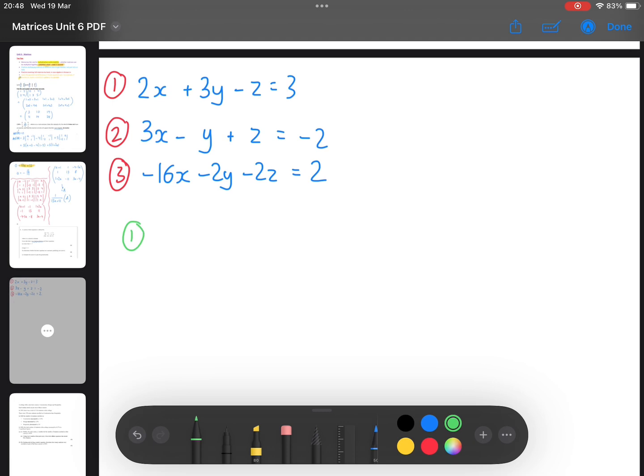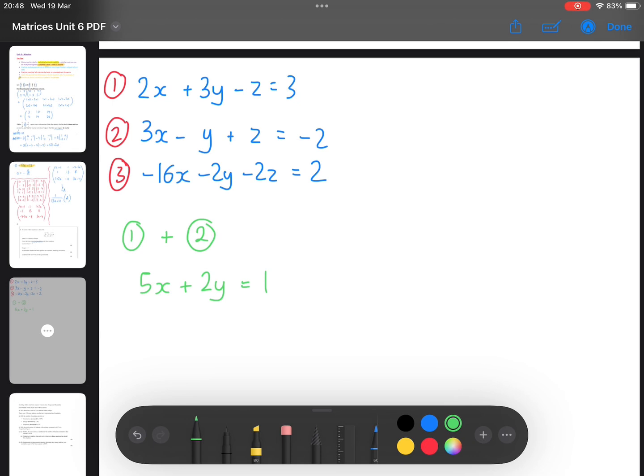So to eliminate z from the first 2 equations, I will add the 2 together. And if you do that, I guess I'll save time by just writing out what you get. 5x plus 2y equals 1. Then I want to eliminate z from the second 2 equations. And because I've used the second equation in both of these calculations, that's how we can determine whether they're all consistent or not.